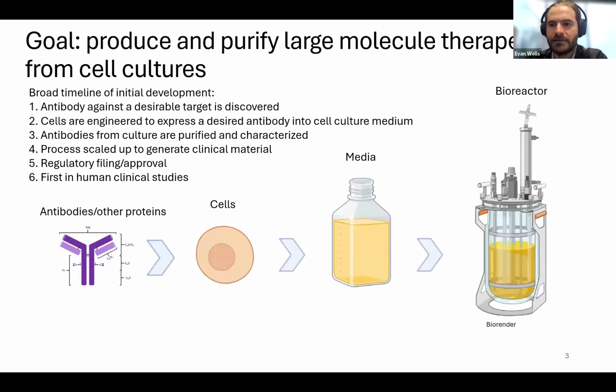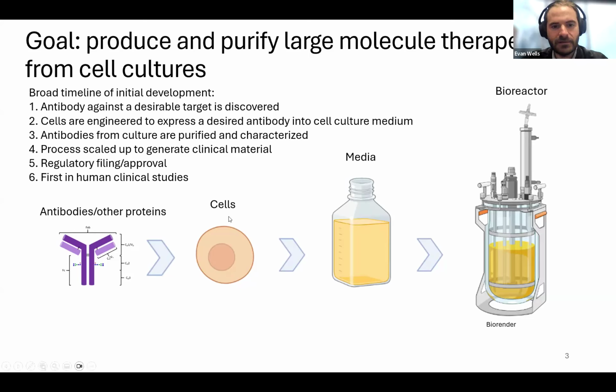Our goal is to use these large molecule therapeutics, these antibodies and other proteins seen on the bottom left of the slide. These are pretty big molecules, about 150,000 Daltons. The way that we make them is with cell culture.